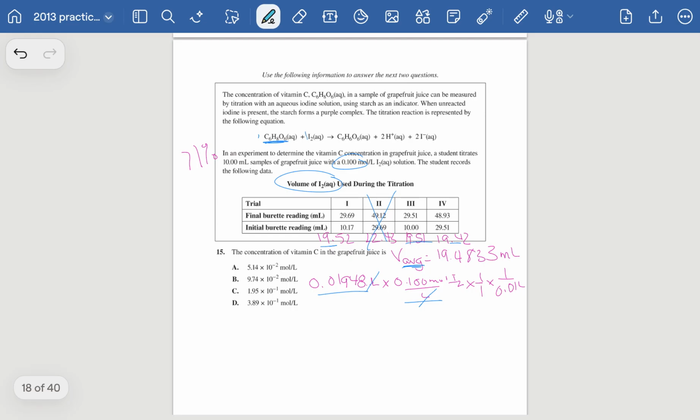And it is a 1-to-1 ratio. So once you get moles of I2, if you multiply by your molar ratio, it's just changing your moles from iodine to the vitamin C. And then lastly, you're going to divide by how much you are doing each time, which you're measuring out 10 mL that you're titrating with. So you'll plug that all into your calculator and you'll see here your answer is C.